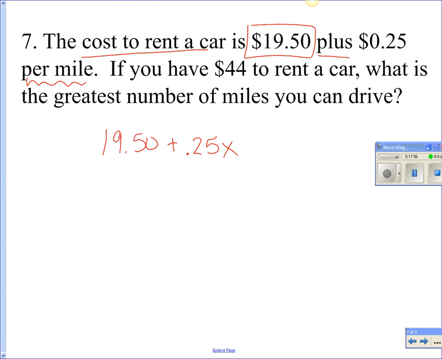Yep. Okay. And Andrew, something else that's important in this problem? I want to know how many miles you can drive if you have $44 to spend. Where do you think the 44 is going to go, Andrew? Very good. Equals 44.